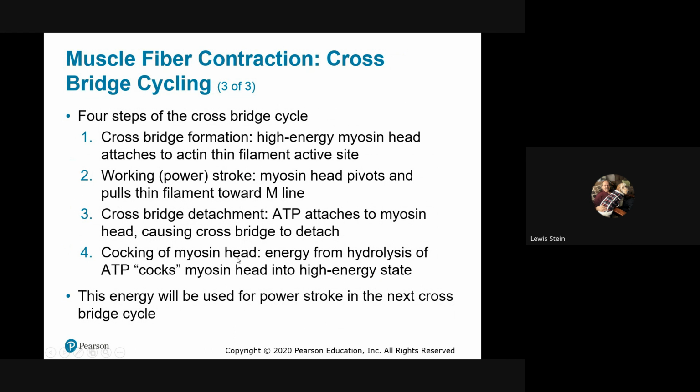And then we have to effectively recock the head. And that comes from the hydrolysis of ATP going to ADP. So ATP attachment in and of itself will allow for the detachment of the myosin head and the active site on the actin. But to reset it for the next cycle, good to go, you have to hydrolyze that ATP.